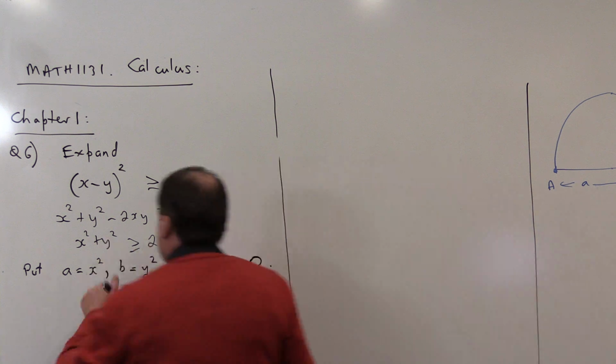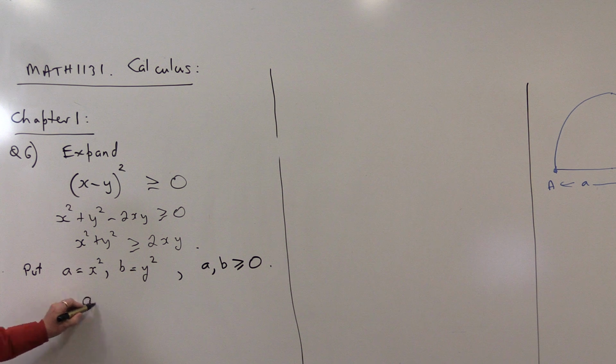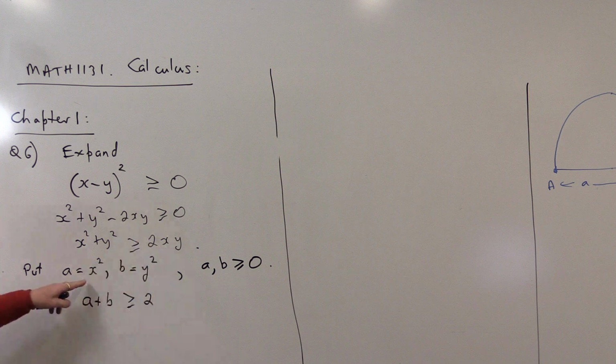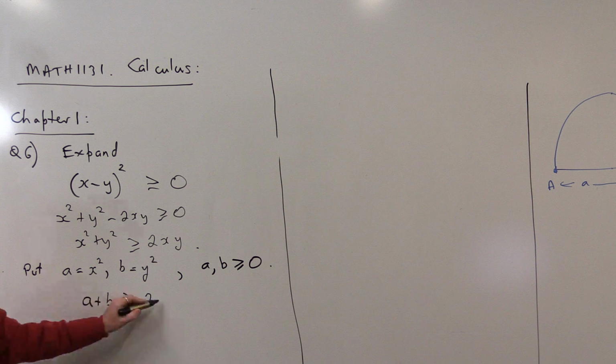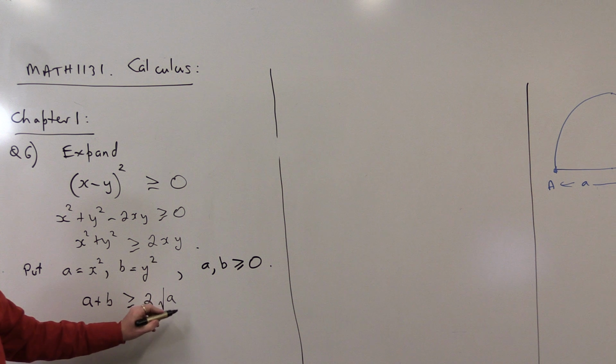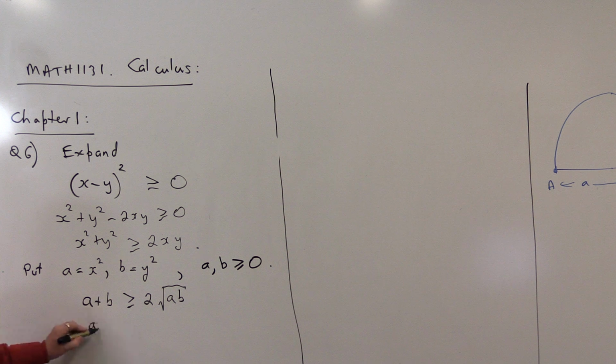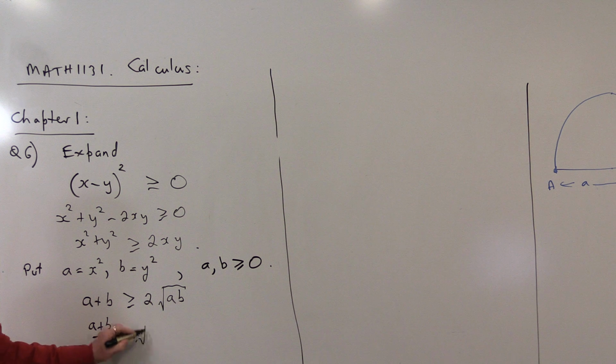When I substitute these in, I get a plus b is bigger or equal to 2 times x y. Remember a is positive, so x is going to be the square root of a, and y is going to be the square root of b, and so when I multiply those together, I get the square root of ab. Traditionally what we do is we divide by 2 at this point, and write a plus b over 2 is bigger or equal to root ab.